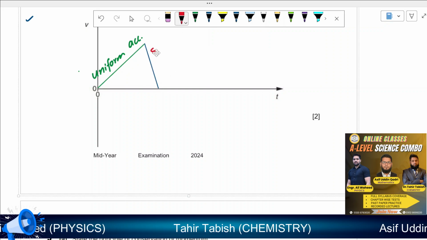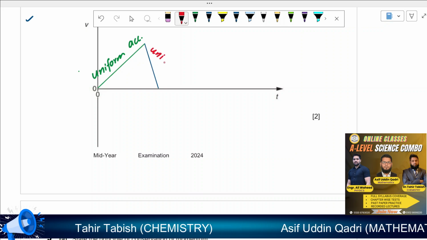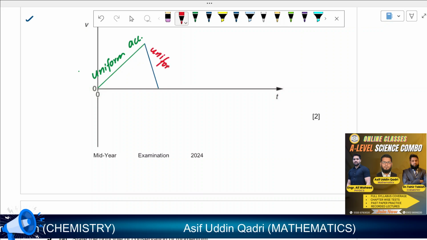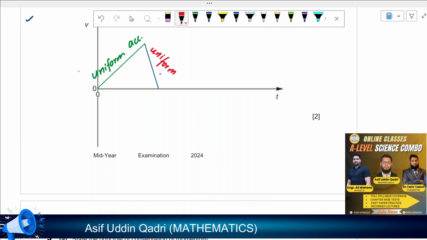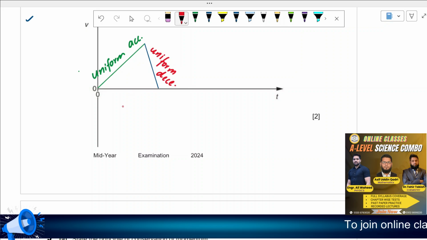So two things here. Now we have uniform deceleration. But this uniform deceleration, magnitude wise, is greater than the initial acceleration.